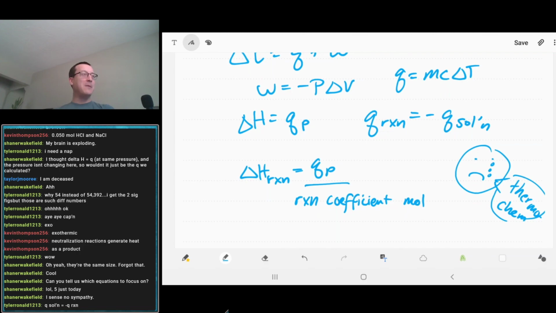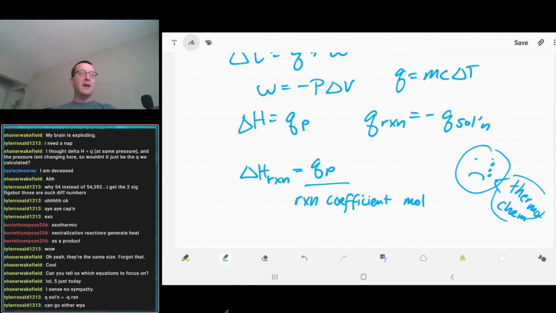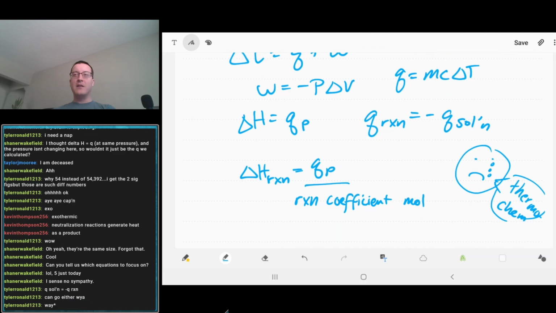Yes, Tyler. What about it? Yes, correct. Right, and you can just multiply the negative on either side, right? If you multiply both sides of that equation by -1, you'll get the opposite one. So, yeah, it can definitely go either way.